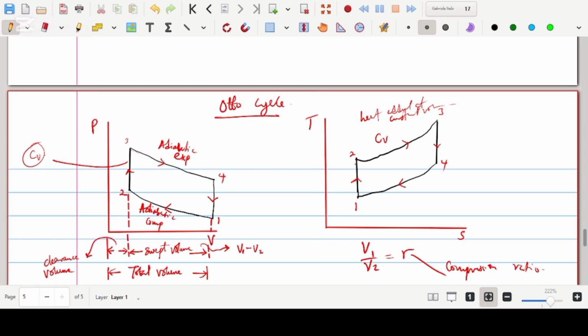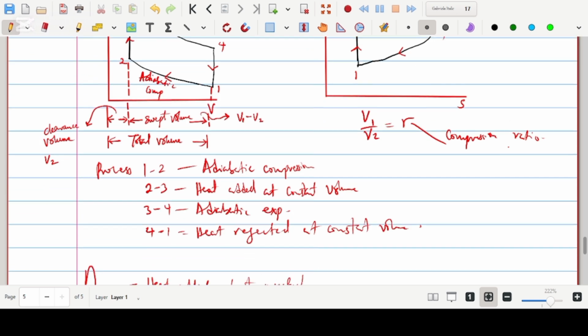The temperature changes from T2 to T3, so T3 is greater. The heat added is CV times (T3 minus T2). Heat is rejected at constant volume as well, that is CV times (T4 minus T1).